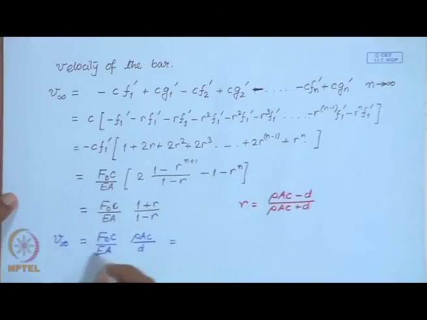Now, E by rho is c square, and this c square cancels off. And a cancels off. So, this becomes f naught over d.